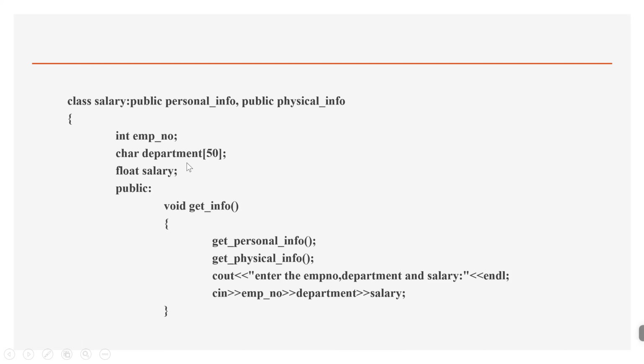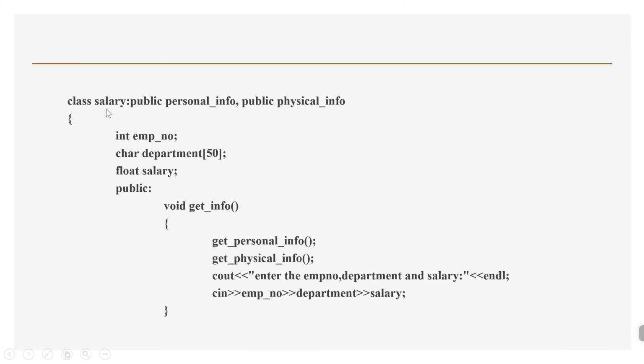Now I'm coming to a derived class. How do I say it's a derived class? Salary, which is publicly inheriting personal info and publicly inheriting physical info. So there is an inheritance.